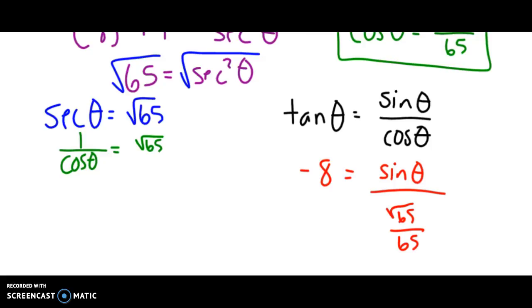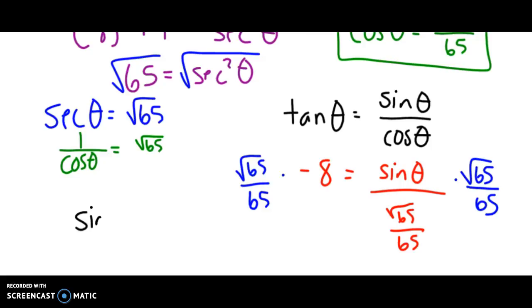I can multiply both sides by square root of 65 over 65 to find my answer of sine of theta being negative 8 square roots of 65 over 65.